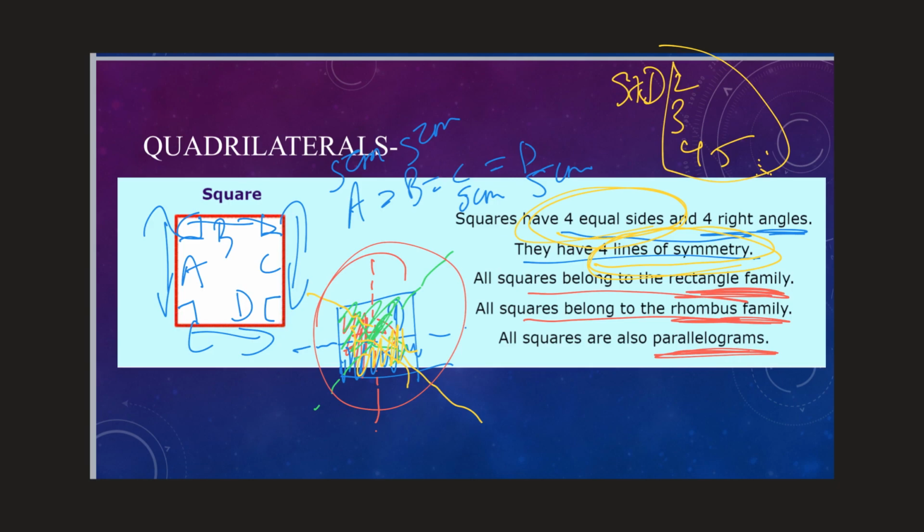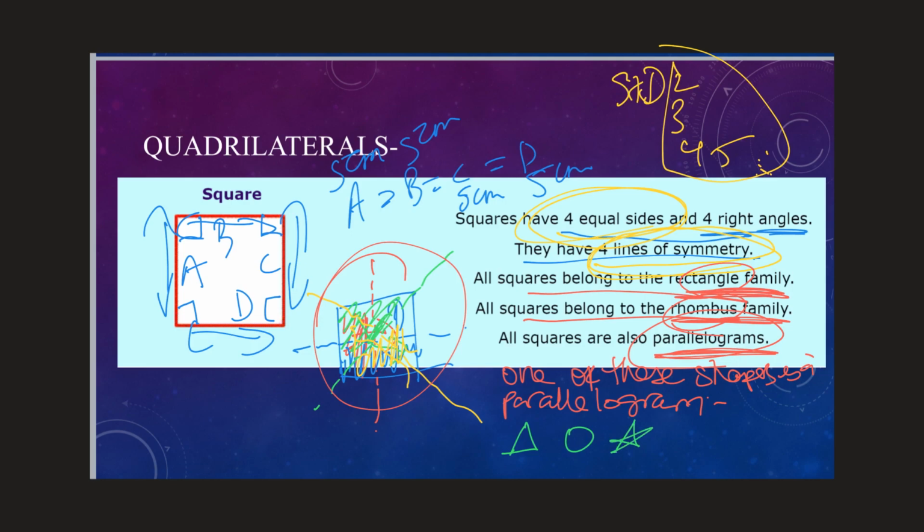So what they're going to do is they're going to give you a question. They're going to say, one of these shapes is a parallelogram, or rhombus, or rectangle. So let me say parallelogram. And they're going to hit you with something like, hey, students, this one, or this, or some weird shape like this.